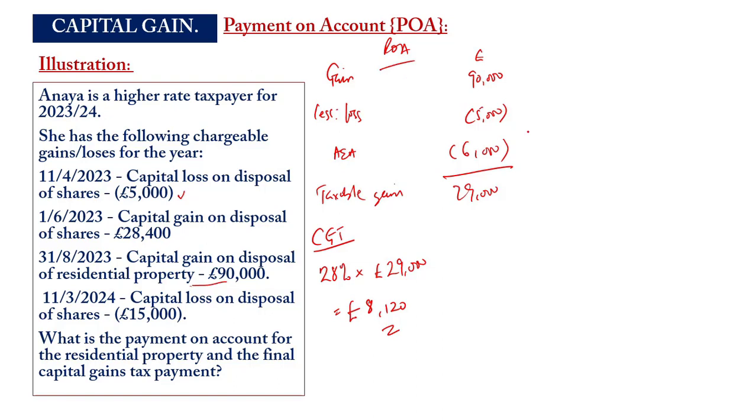When we come to the annual tax, that is when we get to the time we are supposed to pay the capital gains tax. We now have to calculate the actual capital gains tax for the period. Now we have two items, residential and non-residential. So let's calculate the non-residential first.